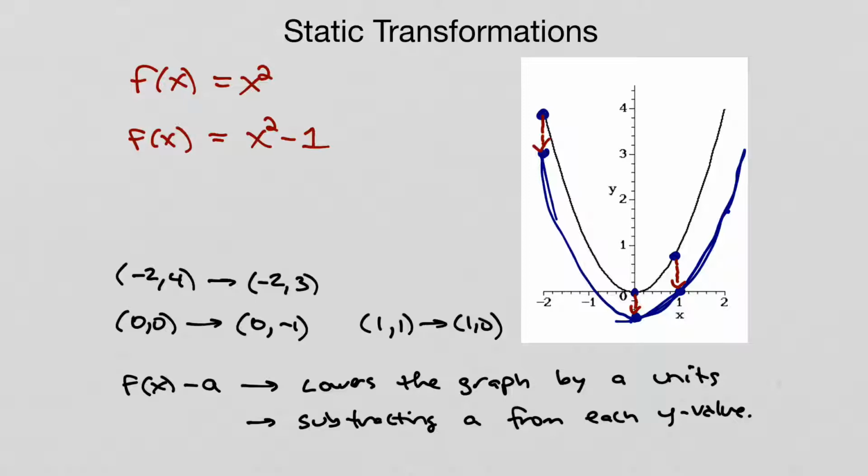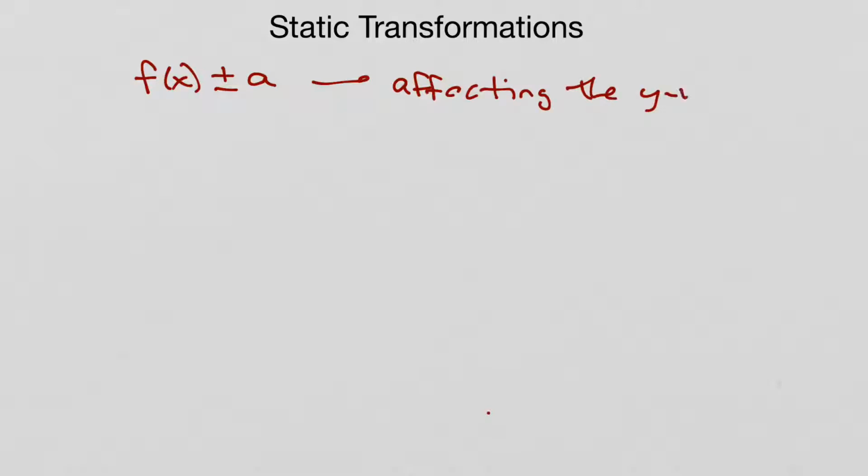And what you might want to notice is that in general, whenever we have some function f of x and we add or subtract some number from it, what we're doing is we are affecting the y values.